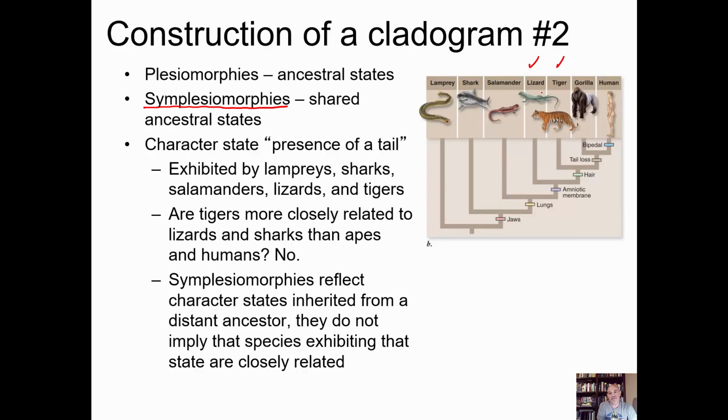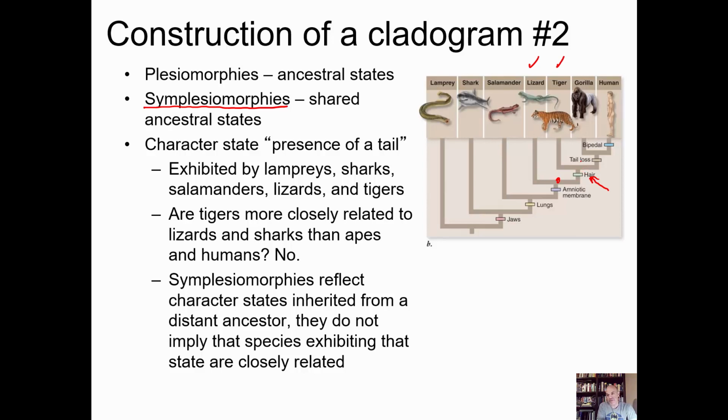It turns out that the tail is an ancestral character that's shared by the broader group. But the tiger is more closely related to the gorilla and the human because they share something that evolved later than the tail, the hair, and the lizard diverged before that hair evolved. So the lizard diverged here when amniotes first evolved, and the lizards went down their own path of evolution.